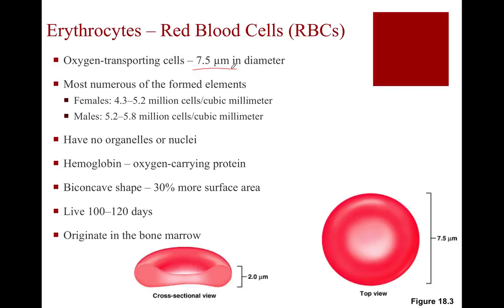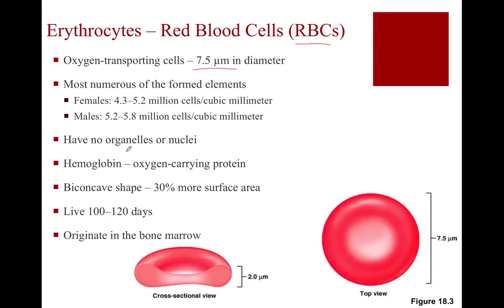Think about your capillaries as a one-lane road that allows one car to pass at a time. Your cars in this case would be your red blood cells. Again, as we talked about earlier, males will have a higher concentration of red blood cells compared to females because of the higher muscle mass.